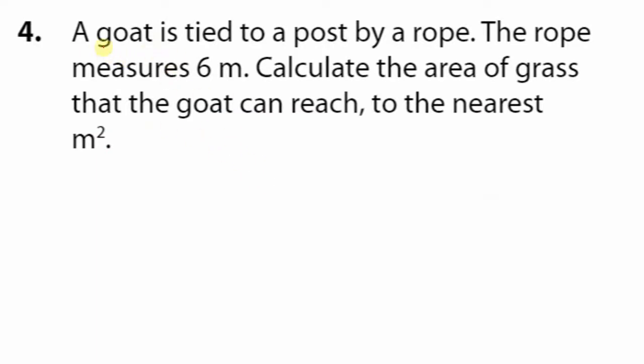So number 4 of exercise 16.2, we have a goat and it's tied to a post by a rope. The rope measures 6 meters. Calculate the area of grass that the goat can reach to the nearest meter squared.